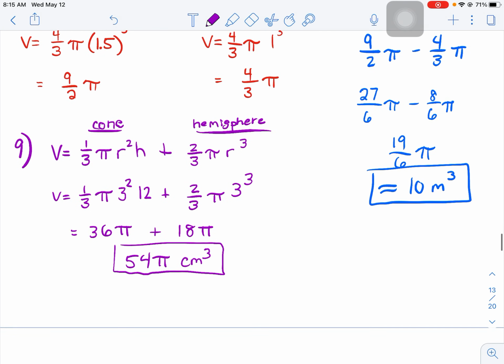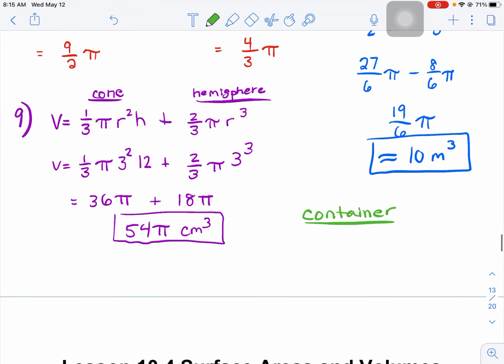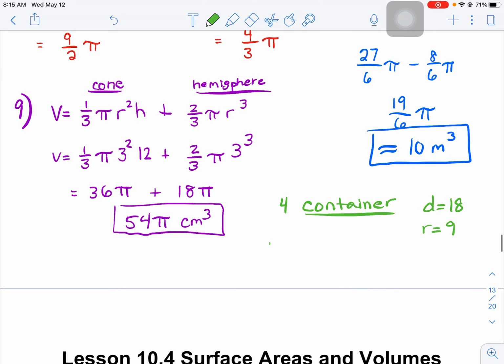Then we had that other piece of information, where the container held, what did they say? It had a diameter of 18, meaning a radius of 9, and we have 4 of them. This one was a cylinder, so the volume of a cylinder is pi r squared h. We would get 4 times pi, my radius was 9, and my height was 15.